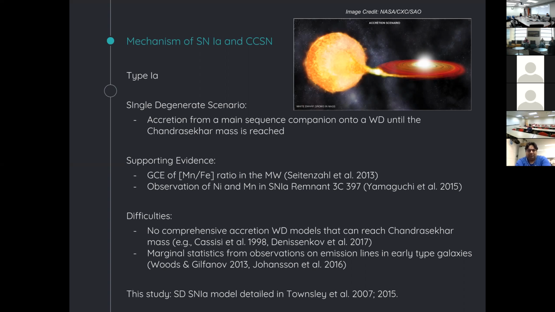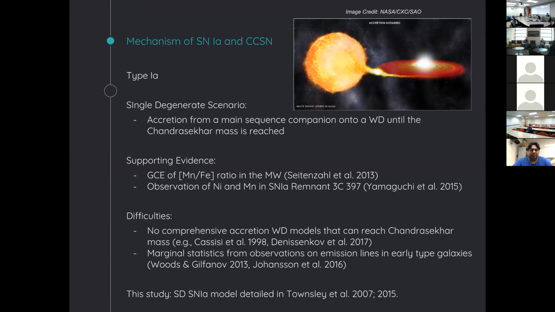Denisenkov is a very thorough paper that discusses this in some detail. And so we think that perhaps the accretion rates there are problematic. And there are only marginal statistics from observations of emission lines to support the presence of single degenerate systems. So, for example, I have made a note here.